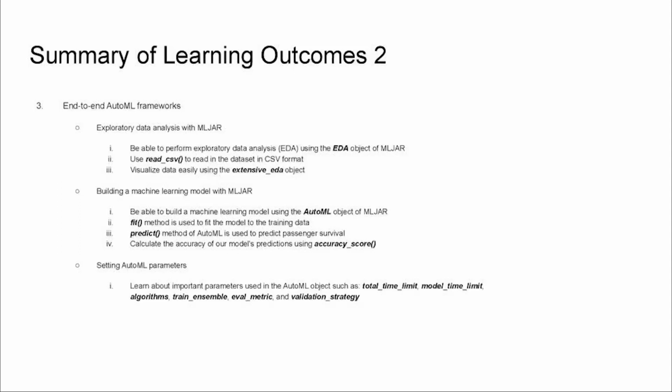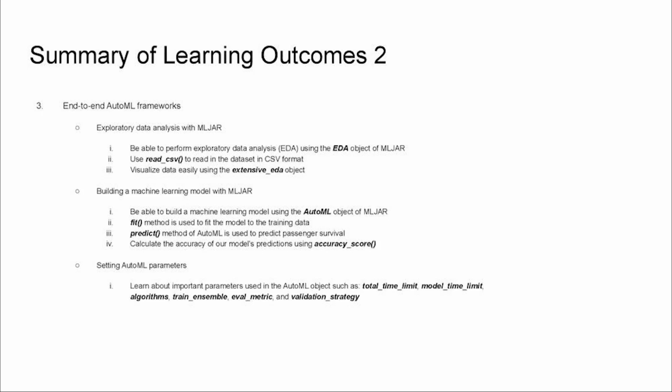Secondly, we built a machine learning model with MLJAR. We made this machine learning model using the AutoML object of MLJAR, trained it using the fit method, and predicted for the test set using the predict method. We then calculated the accuracy of our model's predictions with the scikit-learn accuracy score function.